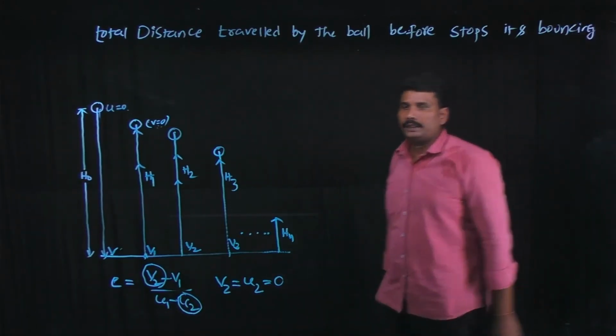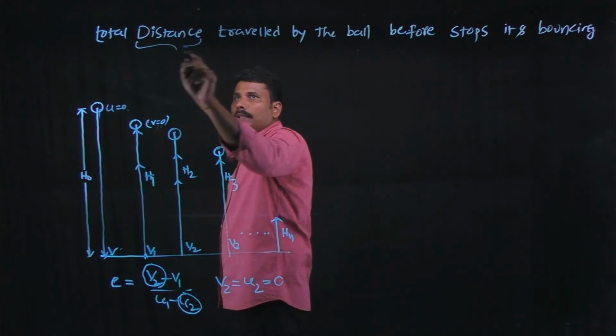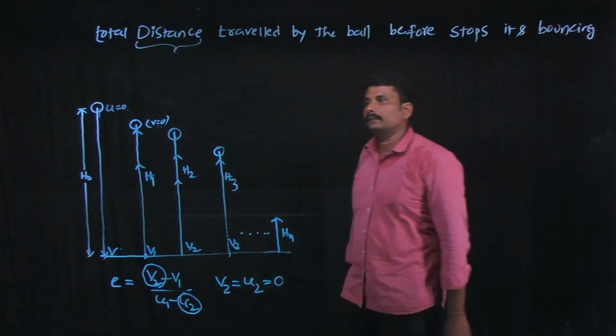Here, distance means actual path travelled by the object.